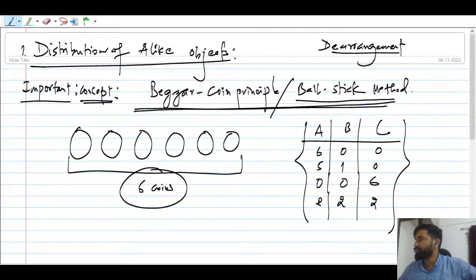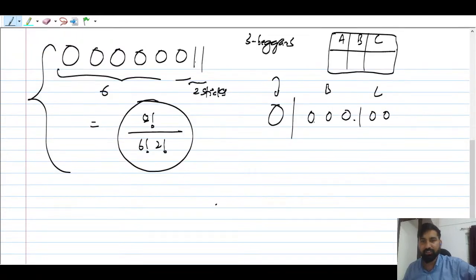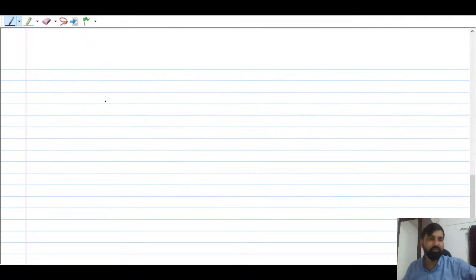Hopefully this makes sense to you, right? So let me take one question so that you can understand and use this principle. We call it the beggar coins principle.